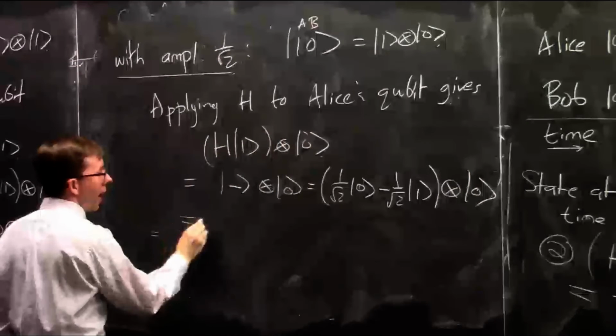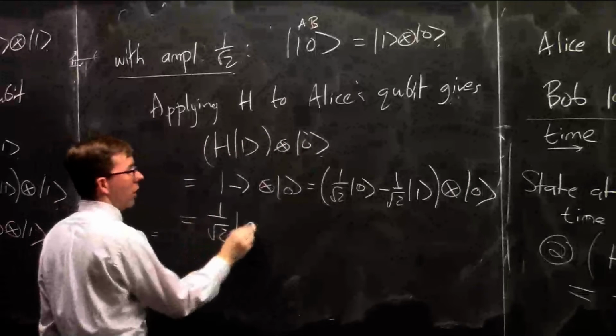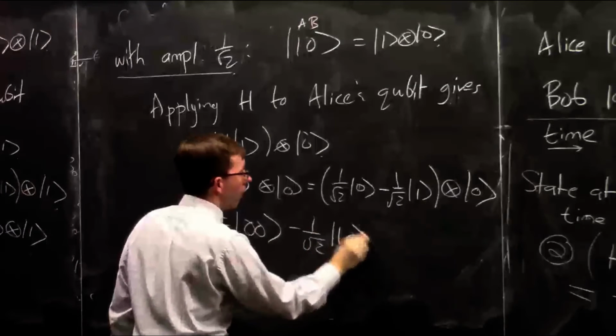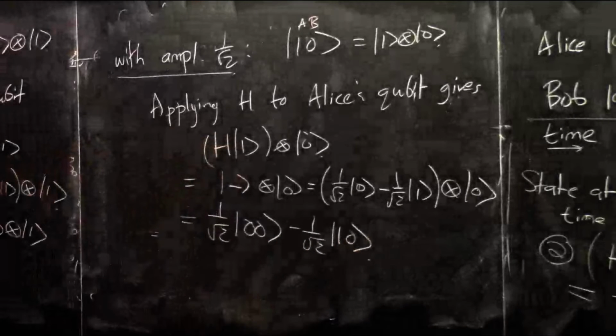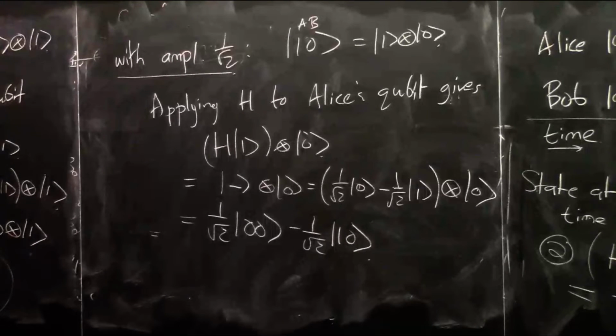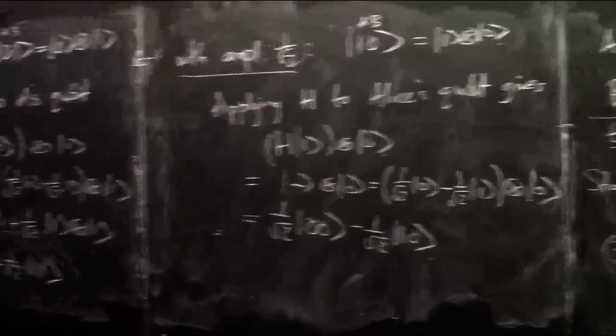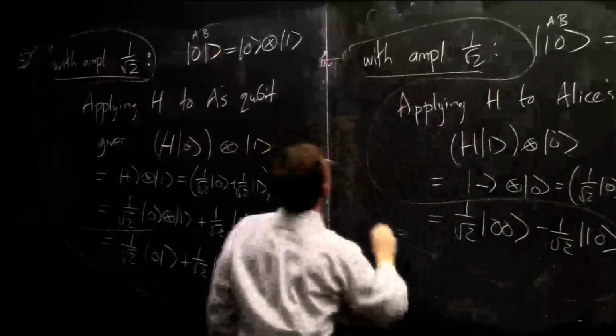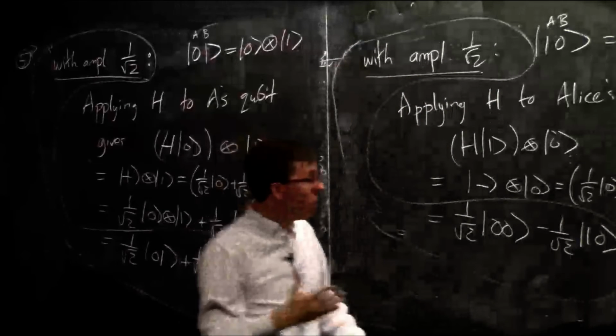Okay, and we expand that out and get 1 over root 2, skipping one step that I did before, minus 1 over root 2, 1 0. Okay, and now we're mostly done, but now we say, okay, we've got to multiply this amplitude times this, and this amplitude times this, and add them all up.